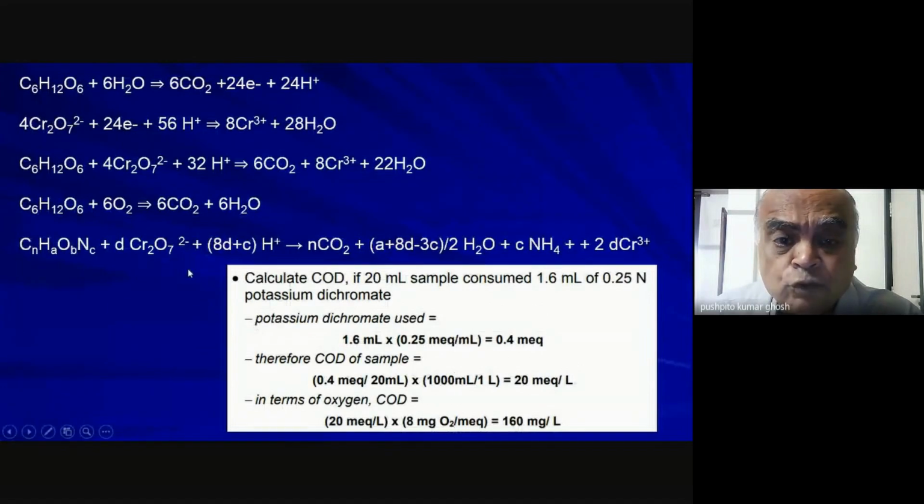Now, just to show you that many times, I can express the COD in terms of the dichromate equivalent, or I can express it in terms of oxygen. So calculate COD if 20 ml sample consume 1.6 ml of 0.25 normal potassium dichromate. So potassium dichromate used was 1.6 ml.